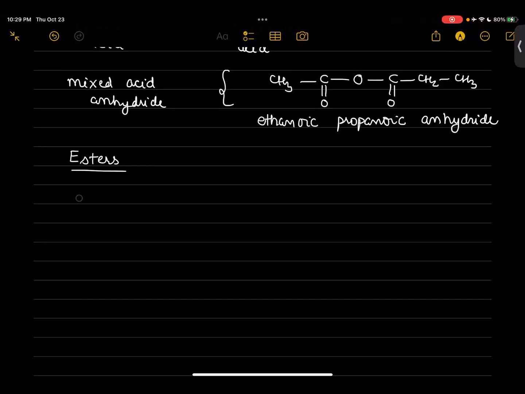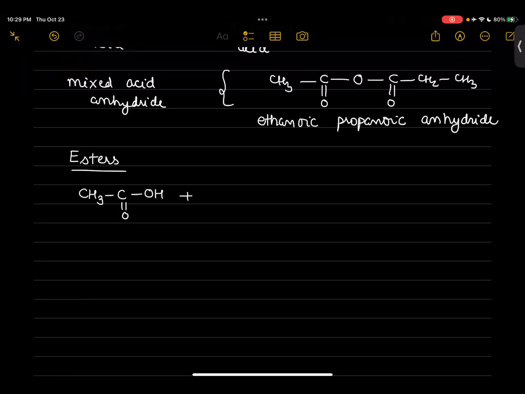So how esters are formed, first we can discuss that, okay. And how their hydrolysis will lead to the formation of carboxylic acids. One reaction I'm talking about is the forward formation of ester.